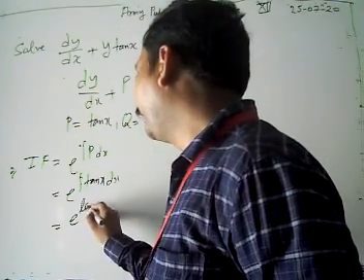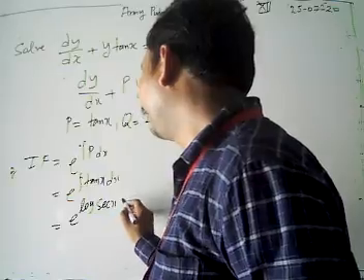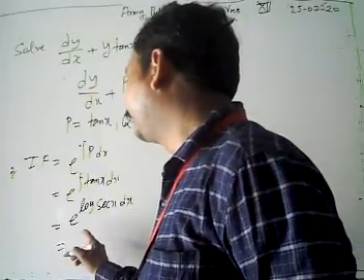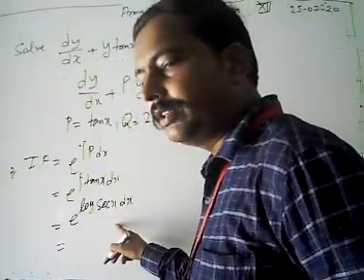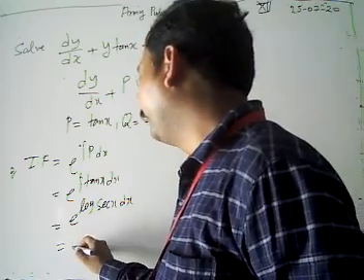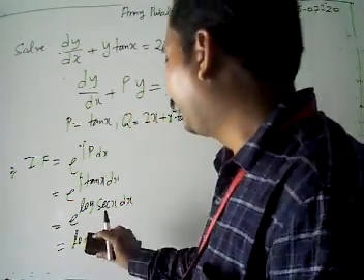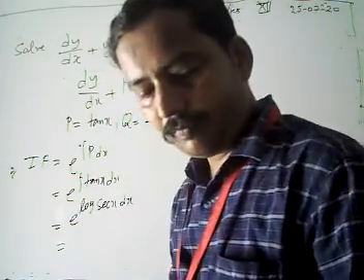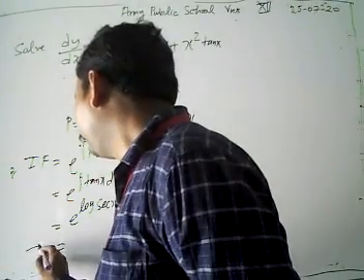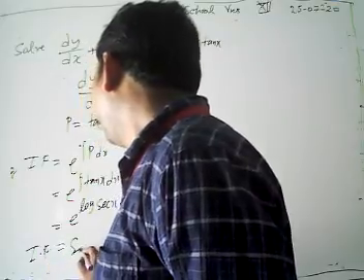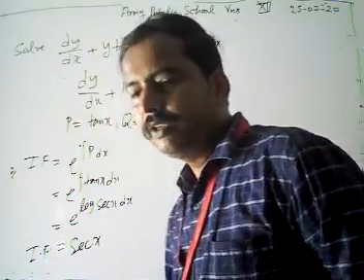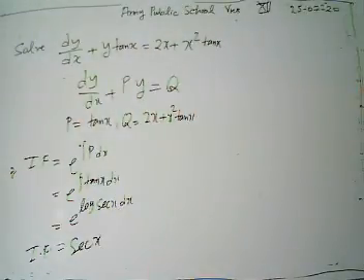Then we have e to the power log sec x, and e to the power log f(x) is just f(x). So we get sec x. Now we have our integrating factor, sec x.